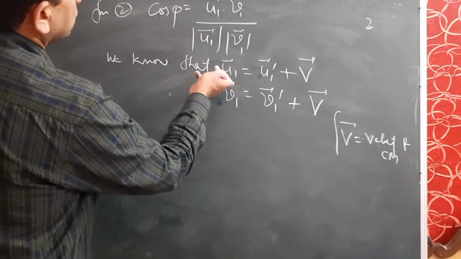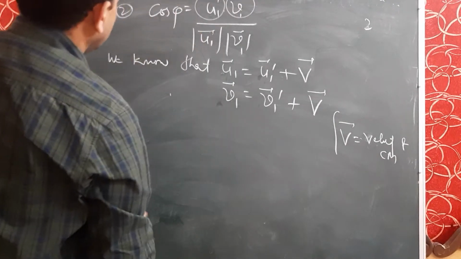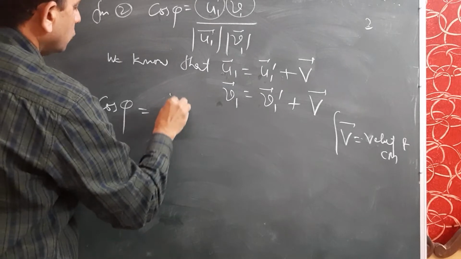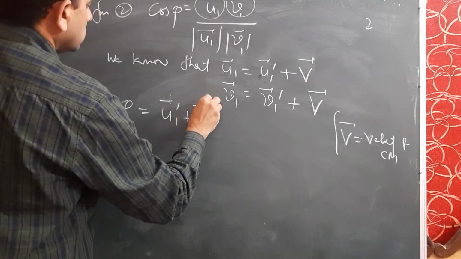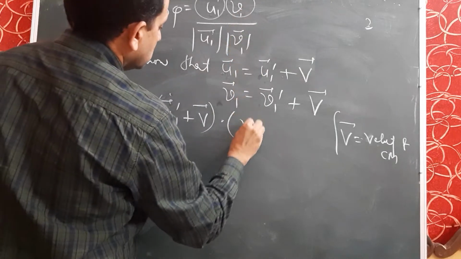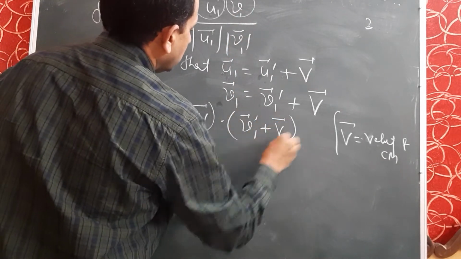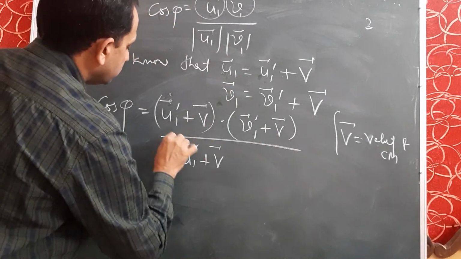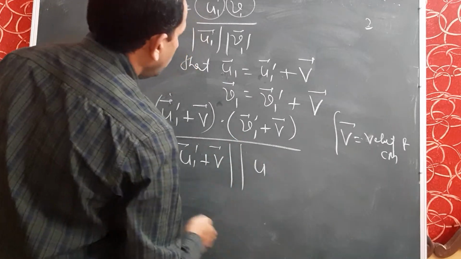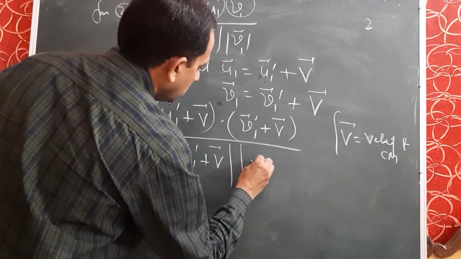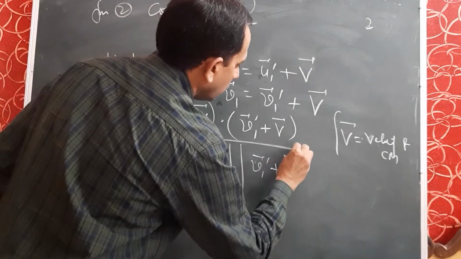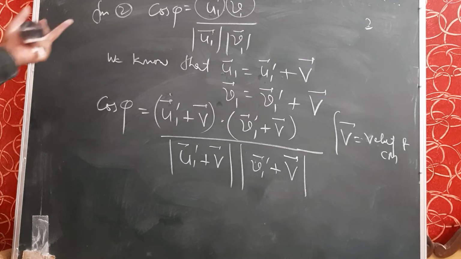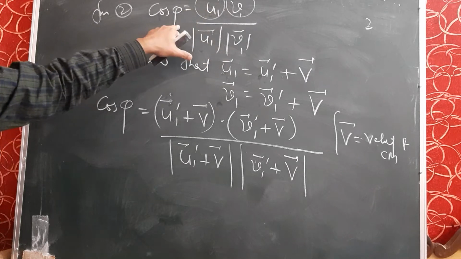Now we will convert the formula: cos phi is equal to u1, which is u1 dash plus capital V, dot v1, which is v1 dash plus capital V, over magnitude of u1 dash plus V times magnitude of v1 dash plus V. I have done nothing except put the values of u1 and v1 in this equation.